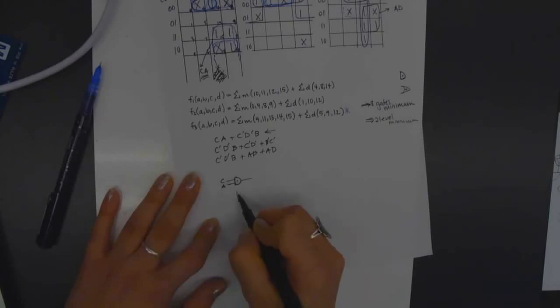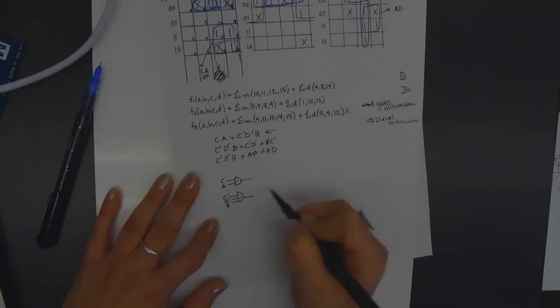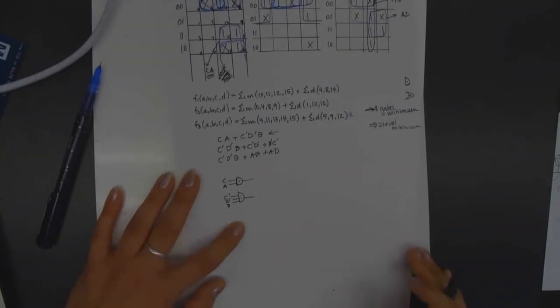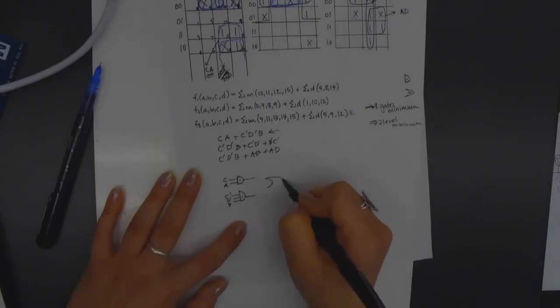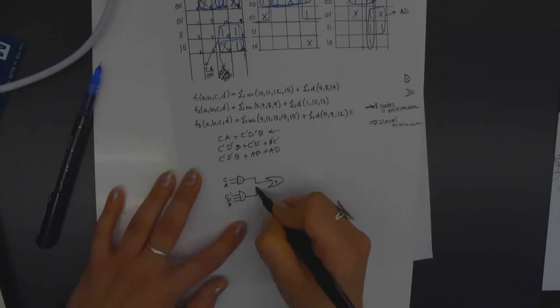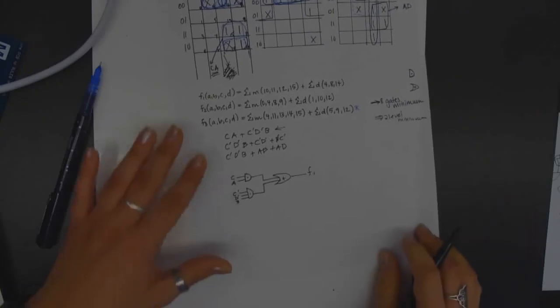And then the second one, a little bit bigger because we got 3 inputs. We got C prime D prime B. Alright, and then these guys add into each other. And then this is F1.